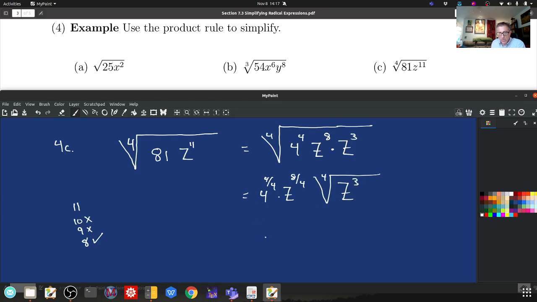So this is equal to 4 raised to the first power. And this is equal to z, 8 divided by 4 is squared. And that's going to be, you don't have to put parentheses there, times the 4th root of z cubed.